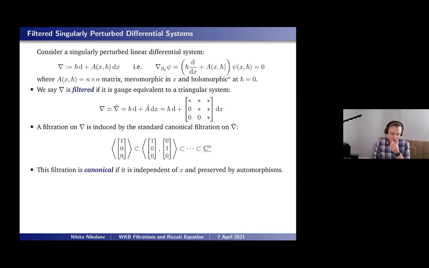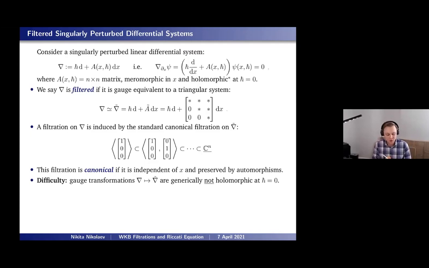Maybe your first guess would be, well, of course, I want holomorphic gauge transformations, holomorphic in X, holomorphic in H bar. Maybe I want them to be holomorphic at H bar equal to 0, so they're holomorphic in this little disk around H bar equal to 0.